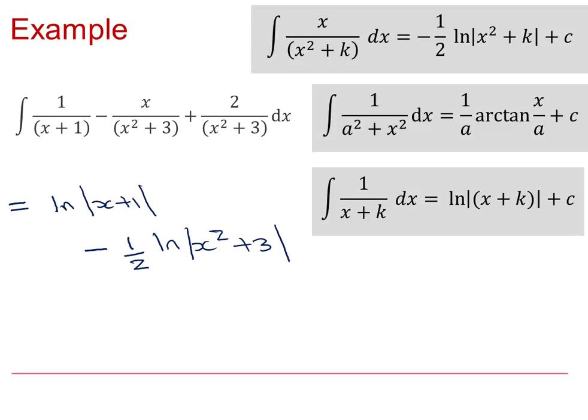And then for the third, it would be plus 2 over root 3 arctan x over root 3 plus c.